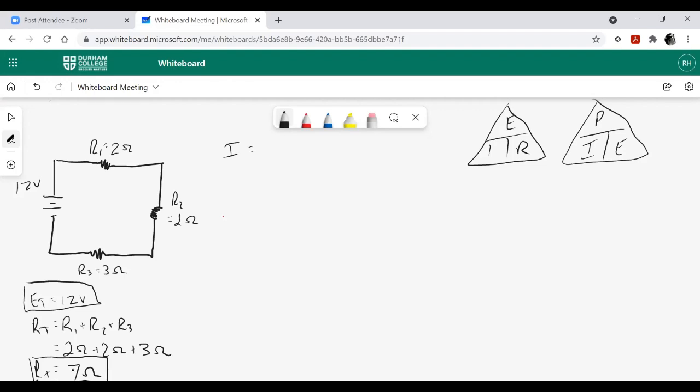So I have voltage and resistance, I can solve for I. So I equals E over R equals 12 volts divided by 7 ohms. Gives me 1.71 amps. So that's my I total.